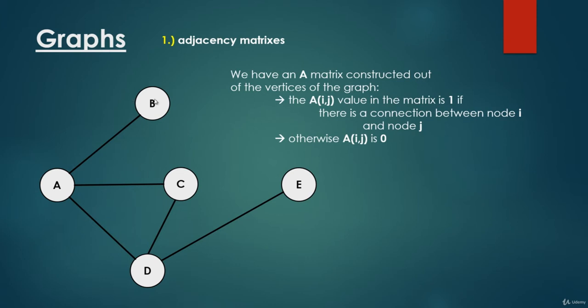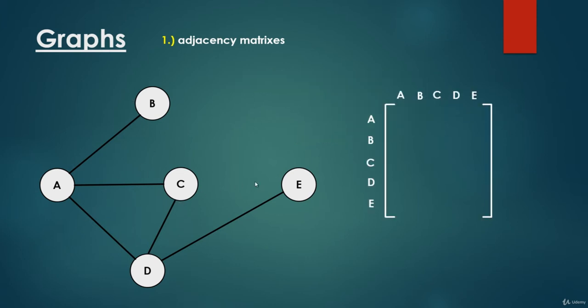So for example, this given graph can be represented with this adjacency matrix. We are going to have the rows, we are going to have the columns, and the first row in this given matrix is going to represent what's the connection between the node A and all the other vertices in that given graph. As you can see, there is no connection between node A with itself.